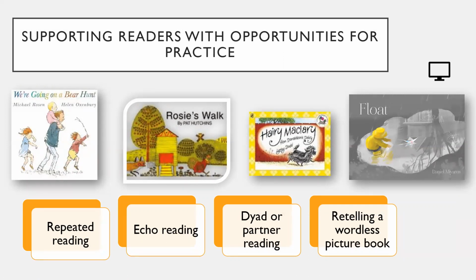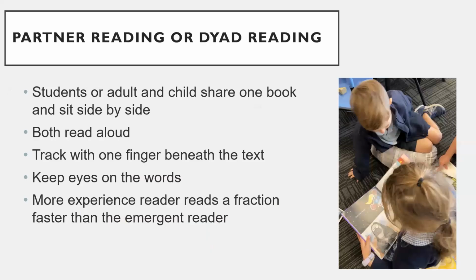And also retelling wordless picture books. So retelling any story is an excellent rehearsal for the thinking that is required for reading. But with wordless picture books, children are not just retelling the story, they're actually creating the story as well. So that's something that students can be actively engaged in.